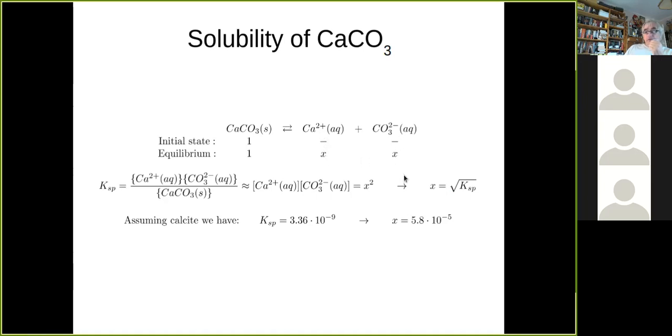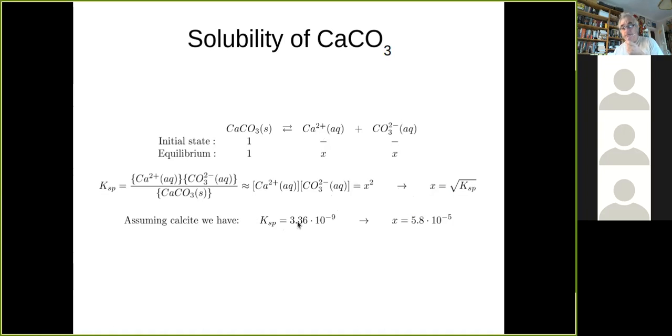So this is a simple equation. Then the equilibrium constant is x squared, or x is the square root of the equilibrium constant. And assuming calcite, my source of equilibrium constants states that calcite has 3.36 times 10 to the minus 9.